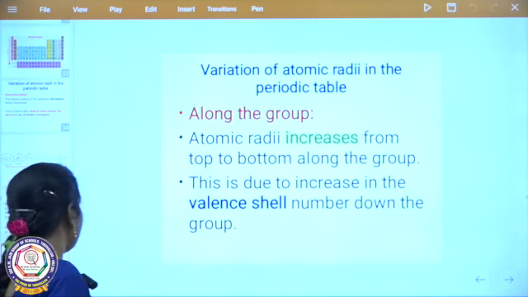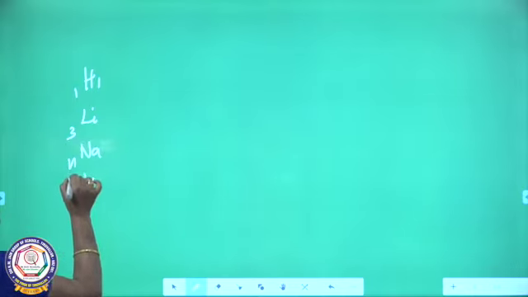Now, for the first group elements: hydrogen, lithium, sodium, potassium, with atomic numbers 1, 3, 11, 19.